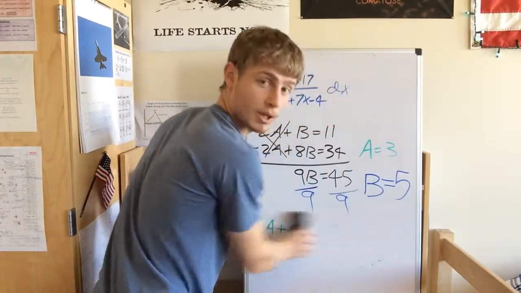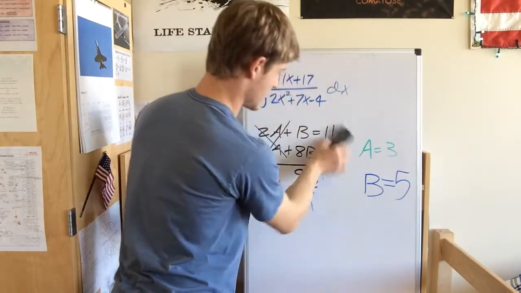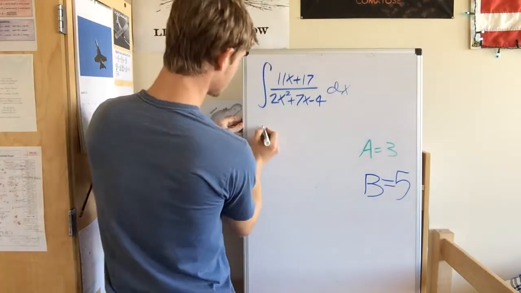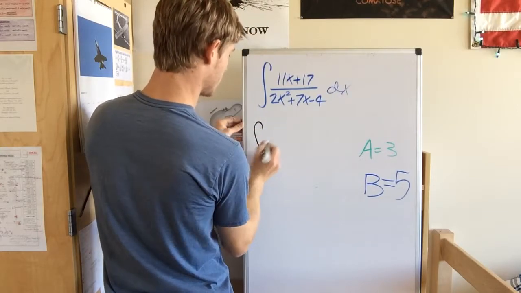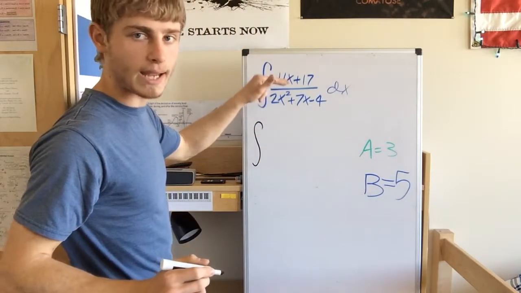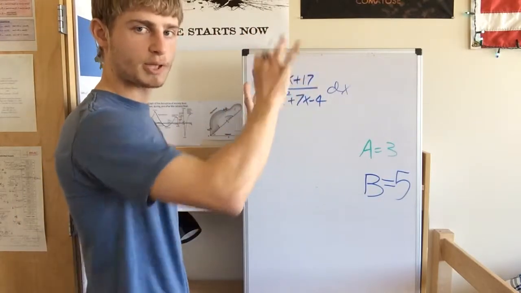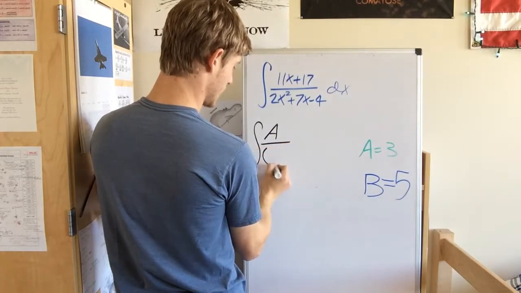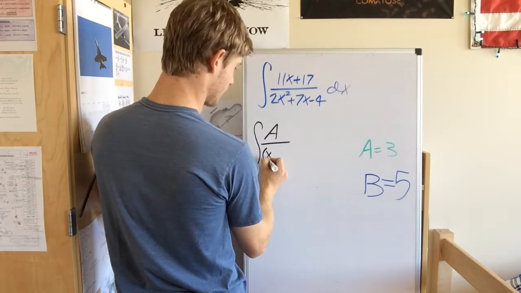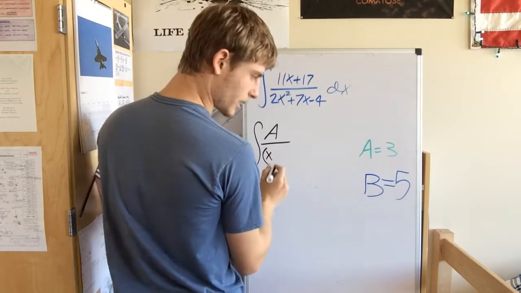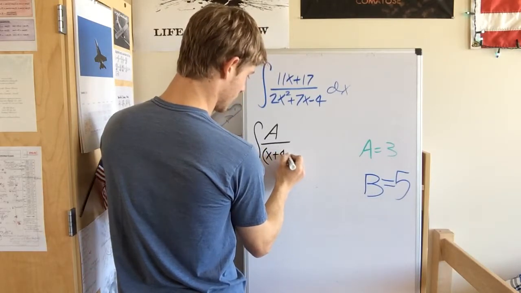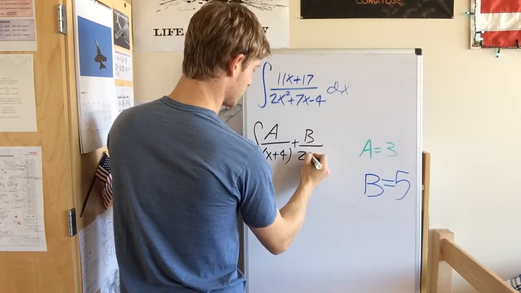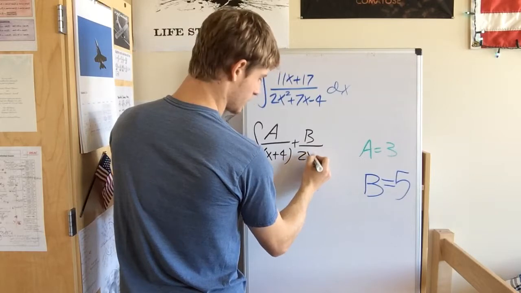Now we're just going to plug all these things right back into our equation. So we have the integral, and we're going to use our a over first factor plus b over second factor. So we have a over x plus 4, plus b over 2x minus 1, dx.